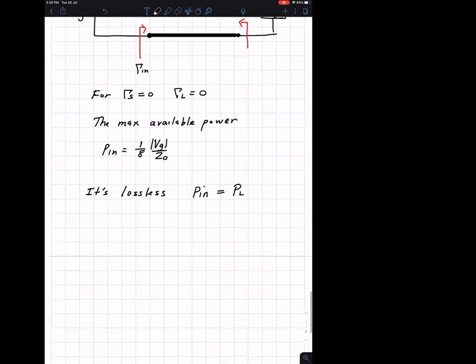Available power is power delivered to the load.